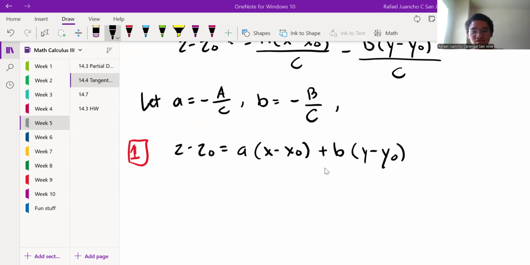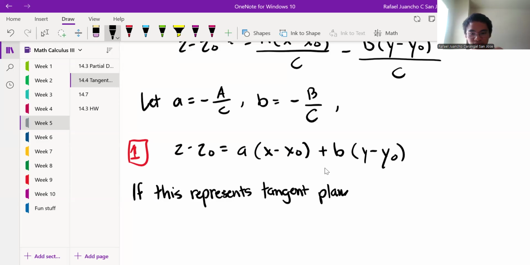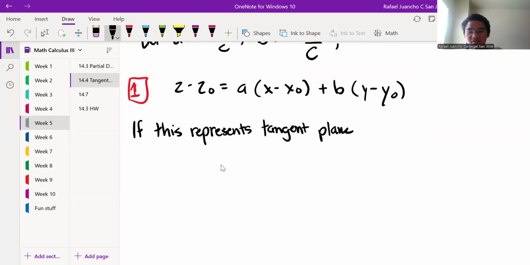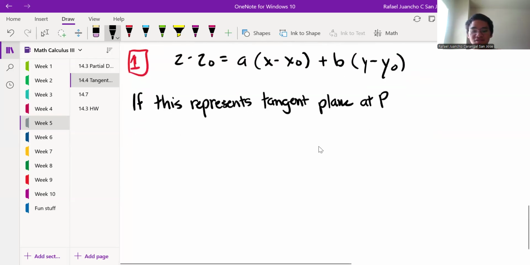Okay, let me just try to. If this represents equation, or no, not equation, tangent line. Oh, what am I saying? Tangent plane, my bad. Let's say this is the tangent plane at P, right? Because this is a plane equation. And we're given that initial point x naught, y naught, z naught.